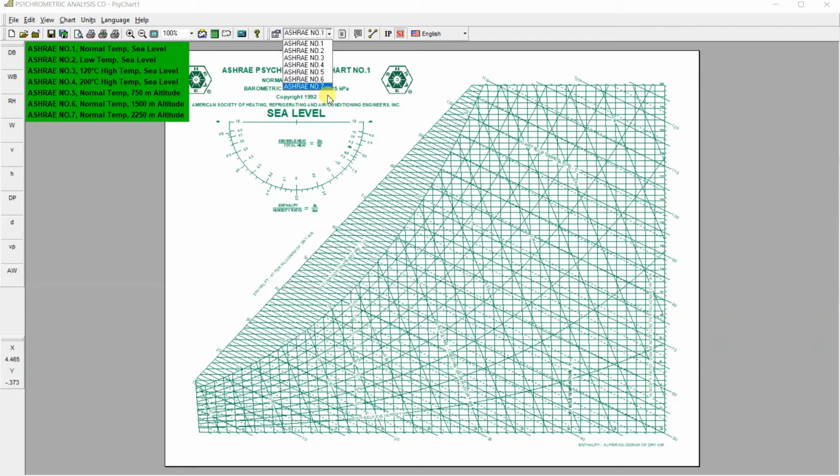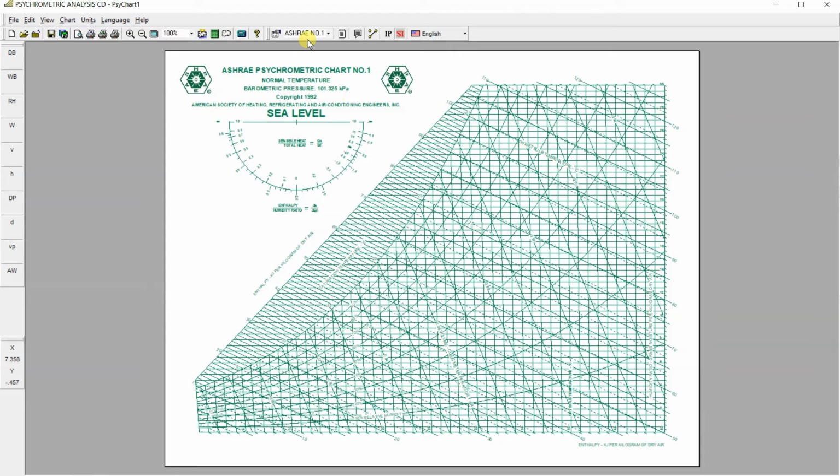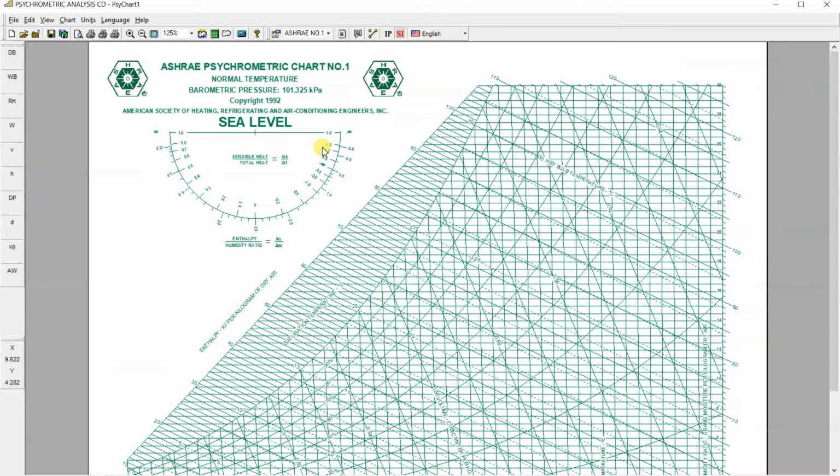Okay, it is at different pressure, temperature, but we will be looking at atmospheric condition. Okay, which is ASHRAE chart number 1. So here you can see ASHRAE Psychrometric chart number 1. Here the barometric pressure is 101.325 kilopascal.